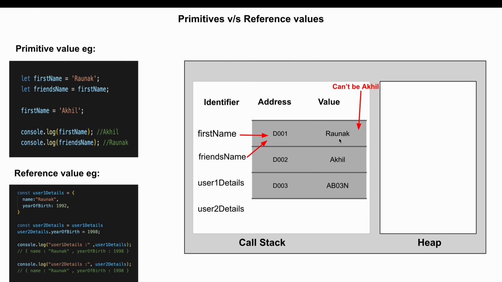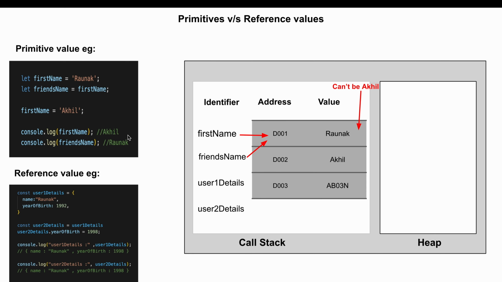It will not make it Akhil instead of Raunak, because if it did, then both console logs, firstName and friendName, would start giving us Akhil. In both the logs we would get Akhil, because we would have updated the value of an address. That is why it never updates the value of an address. Instead, it creates a new address with the updated value.